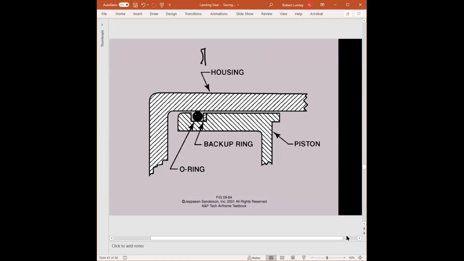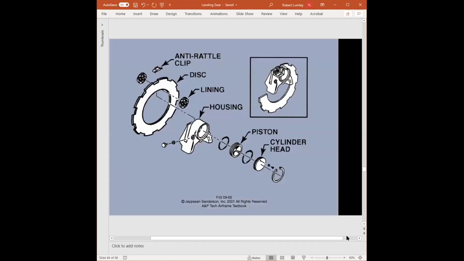Looks like a Teflon washer, but it will have a concaveness to it. Backup rings are always going to be on the opposite side of the pressure. So in this case, pressure is always going to be on this side. And the purpose of a backup ring is to prevent the O-ring from deforming. Okay. If the piston is double acting, meaning pressure could be on either side, then we use two backup rings, one on each side. Okay.